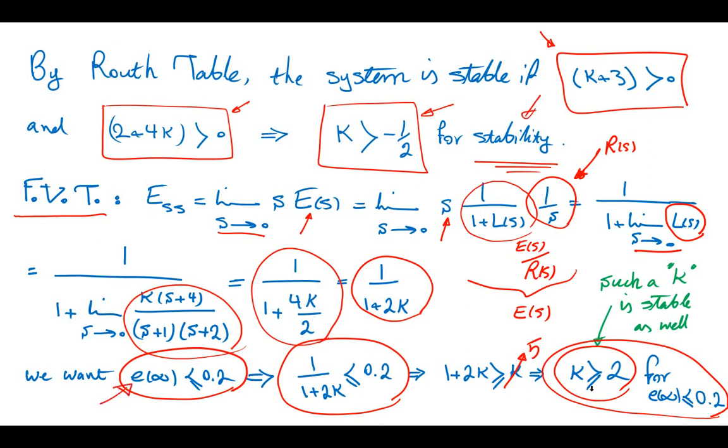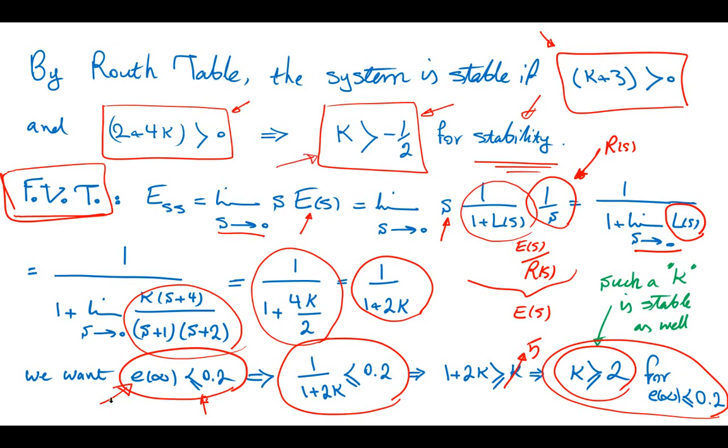If such a K were not stable, this result would not hold, because it was calculated through the final value theorem, which holds only if the system is not unstable. For stable systems, we do the whole thing. So such a K results in stability.